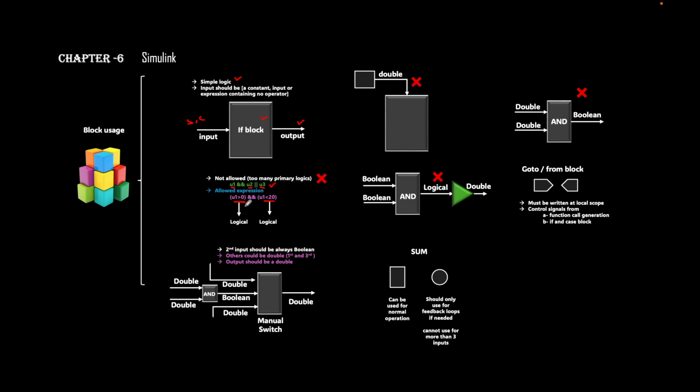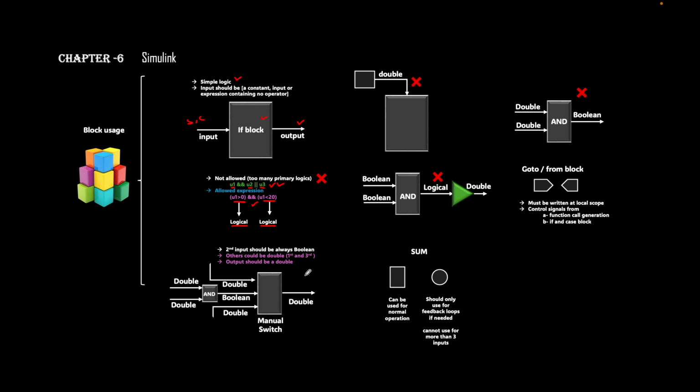In the first one over here we are comparing it with 0, and in the second one with 20, and these two will be giving two different logical operations. Then we are doing the AND operation. With the help of this, the logic is becoming very simple compared to the logic implementation over here.